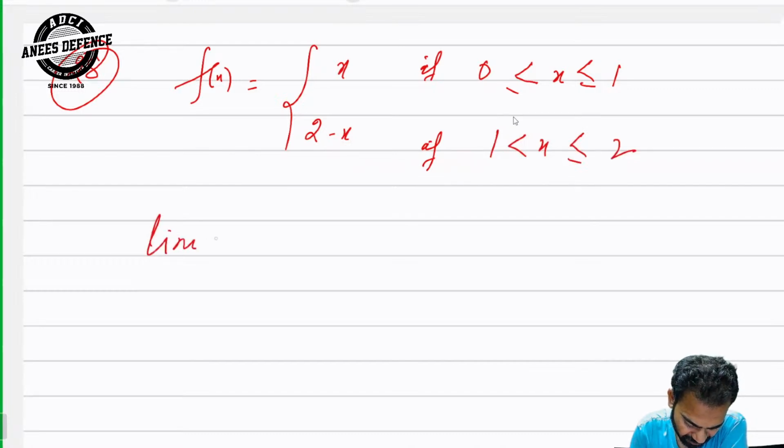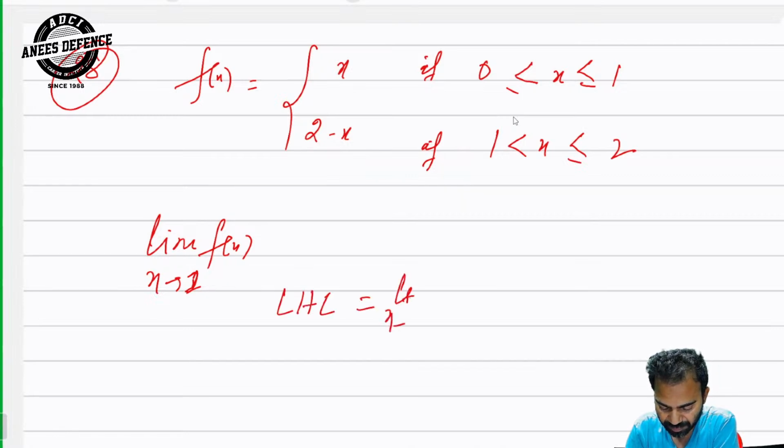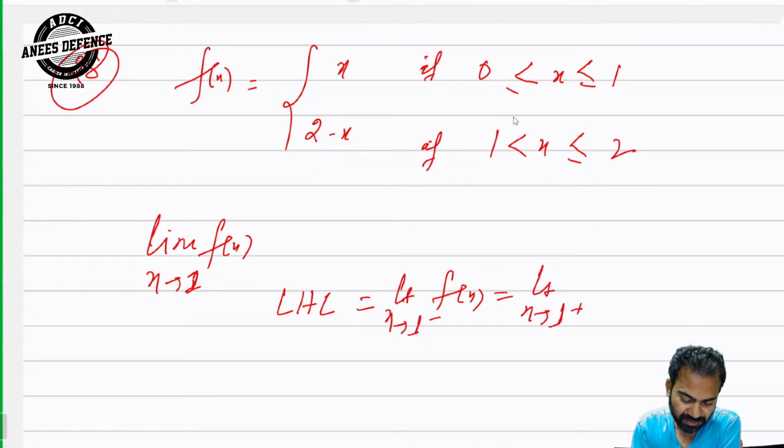Have to find limit x tends to 1 of f of x. So this is a multi-defined function. You have to find LHL separately and RHL separately. Have you understood this?